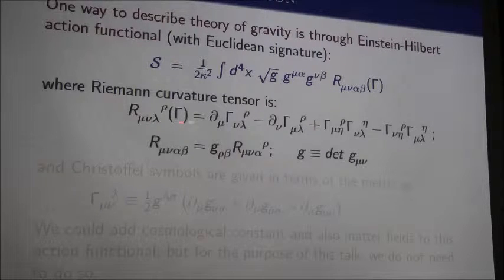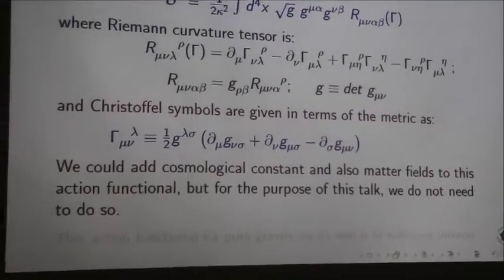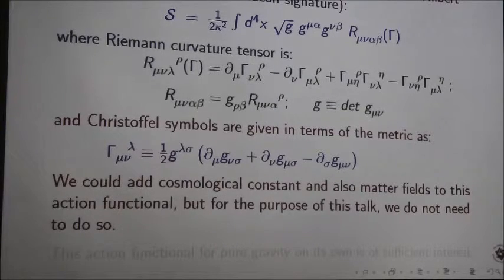Riemann curvature is defined in terms of Christoffels. We could add a cosmological constant or matter to this, but that's not going to change what we're going to say.